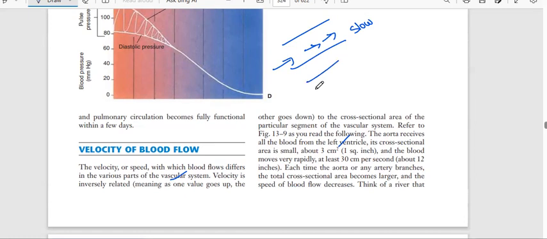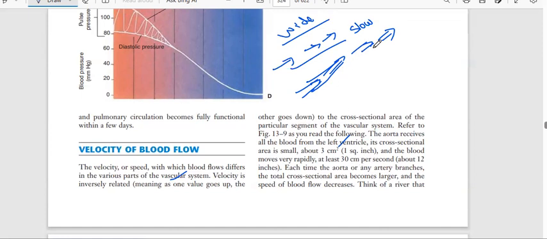If the vessel, artery or vein, is narrow or constricted, a small area, then the speed of blood increases, so they have to go forward. So depending upon the area, the blood speed increases or decreases.